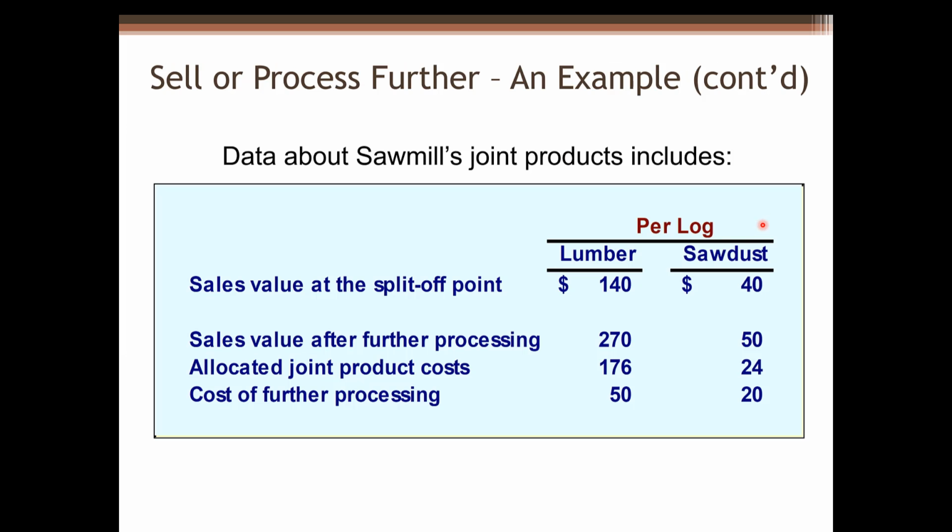Here are some numbers. We have sales value at the split-off point, sales value after further processing, allocated joint product costs, and cost of further processing for lumber and sawdust respectively.